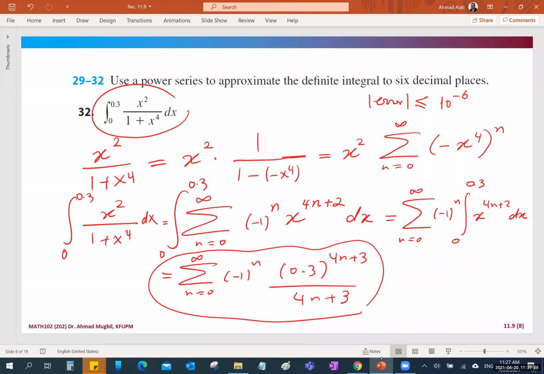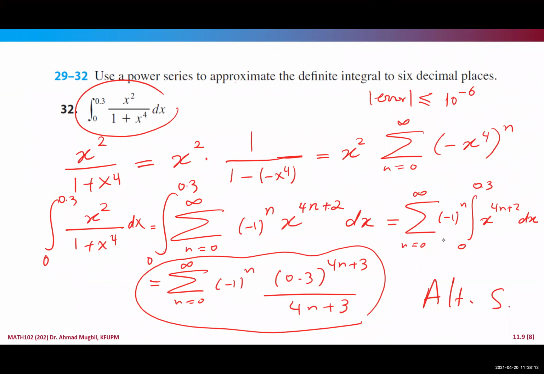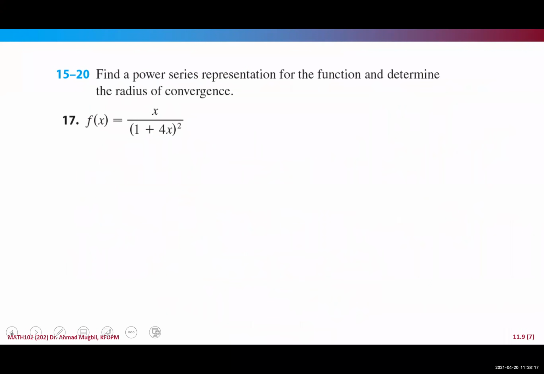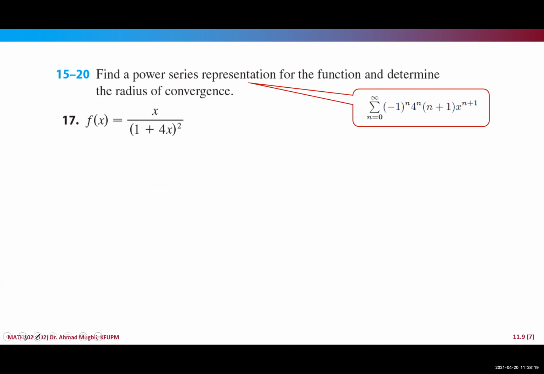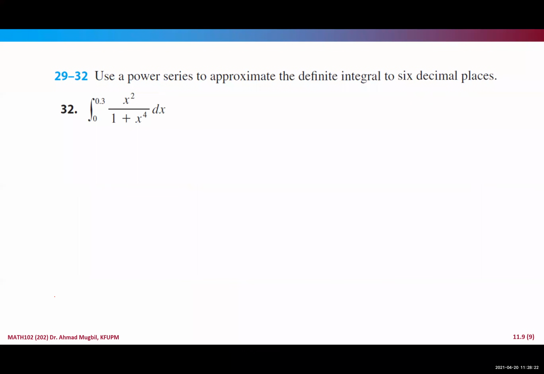How to do that? Notice that we have an alternating series. So because we have an alternating series, we will apply the alternating series estimation theorem, if you remember. Do you remember it, Shabab? Let me remind you about it, if you forget. If we have S minus Sn, which is the error, it will be less than Bn plus 1.